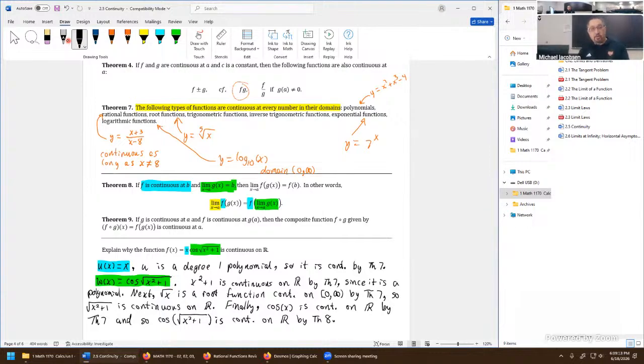Okay, well, here's our overall conclusion. We showed, thinking of f times g, that the two functions here, the first one and the second one, are both continuous. So here's our conclusion.